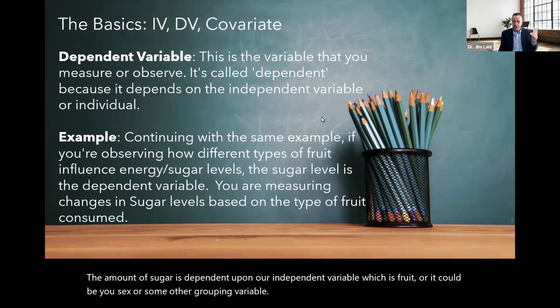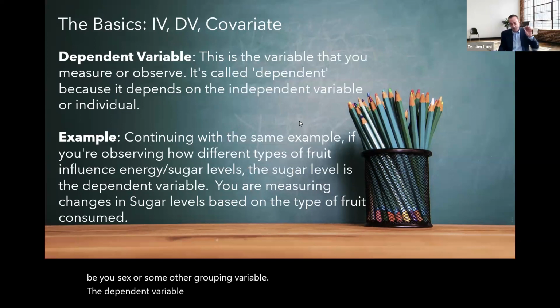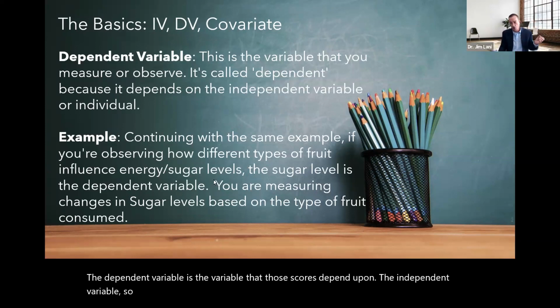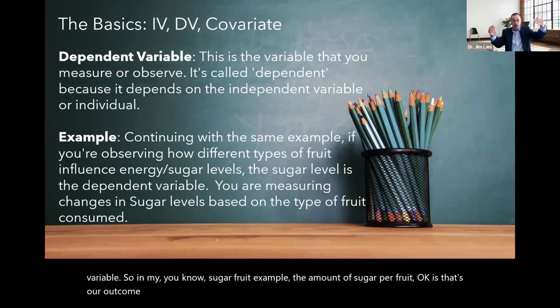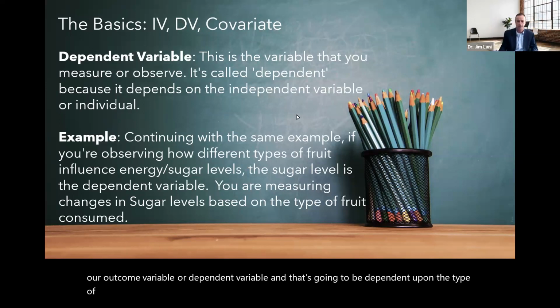The dependent variable is the variable that those scores depend upon, okay, the independent variable. So in my sugar fruit example, the amount of sugar per fruit, okay, that's our outcome variable or a dependent variable, and that's going to be dependent upon the type of fruit.